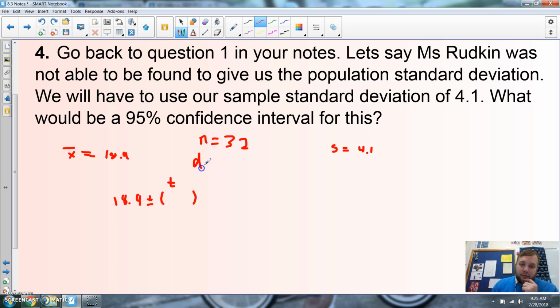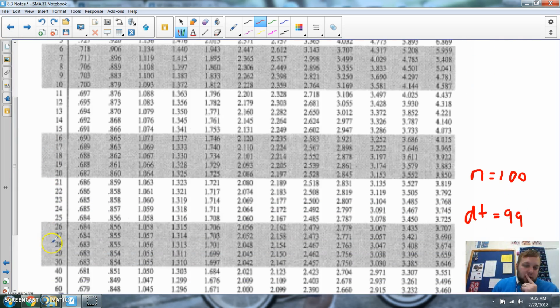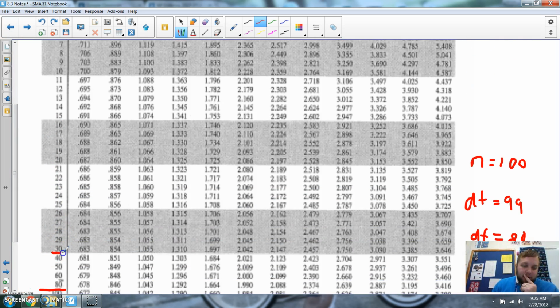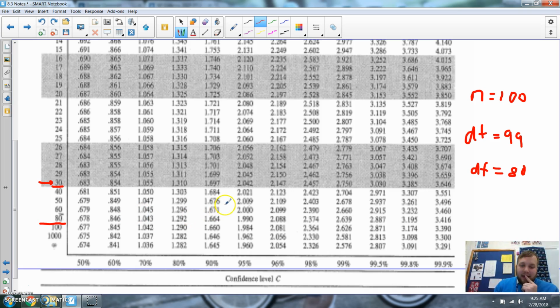So my degrees of freedom will be 31, because that's n minus 1. So I need to go back to that chart and look for degrees of freedom of 31. Oh, they don't have 31. So I got to round down to 30. And then 95 would be this.